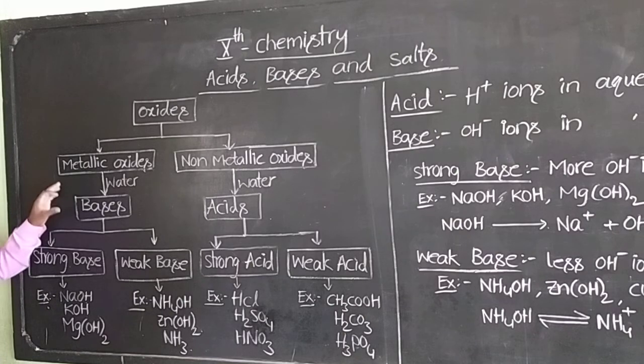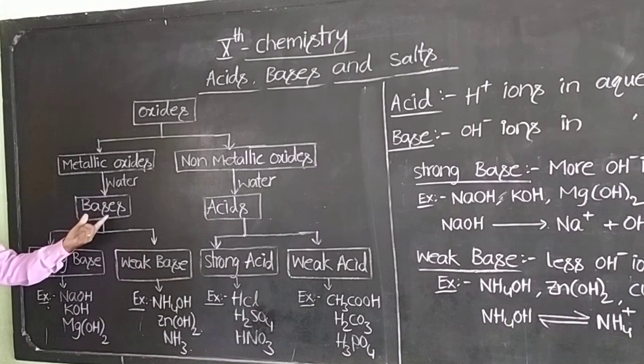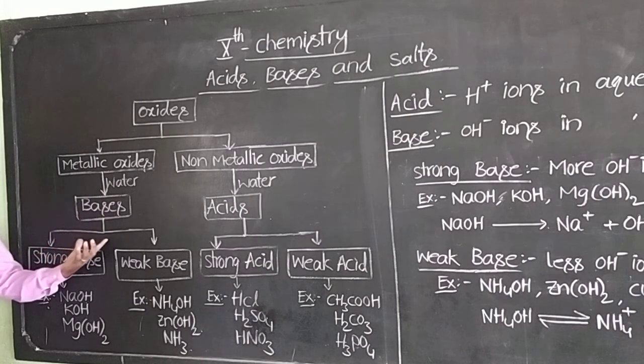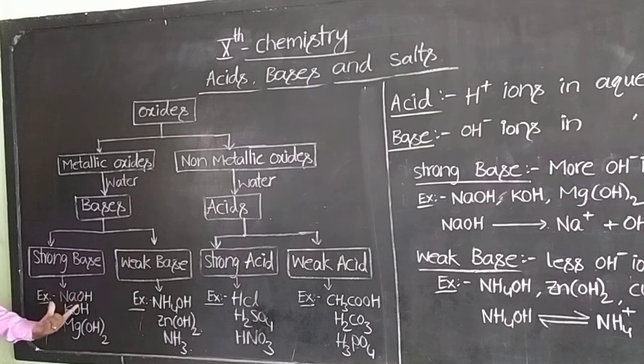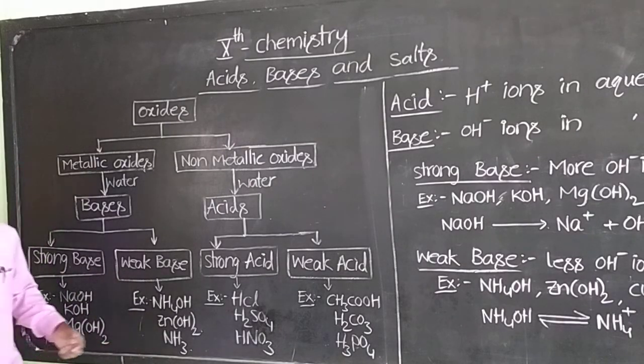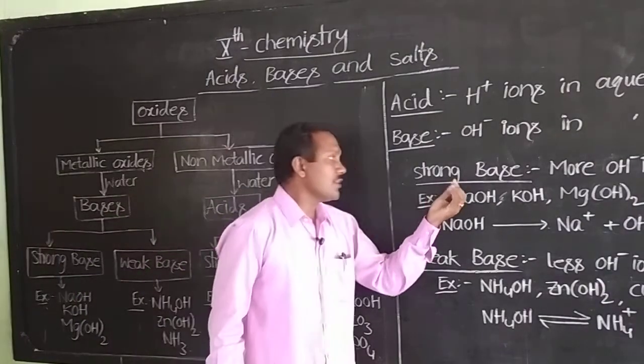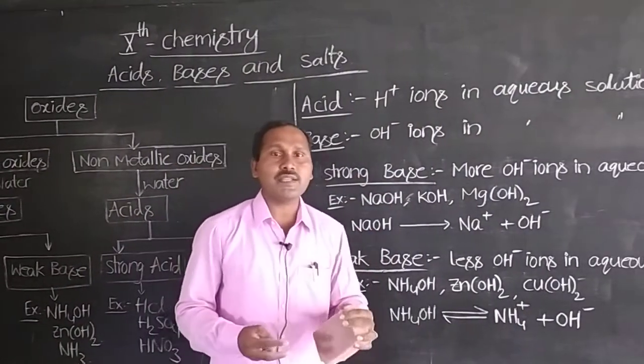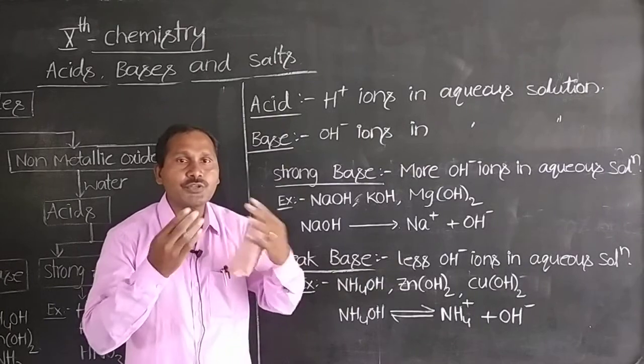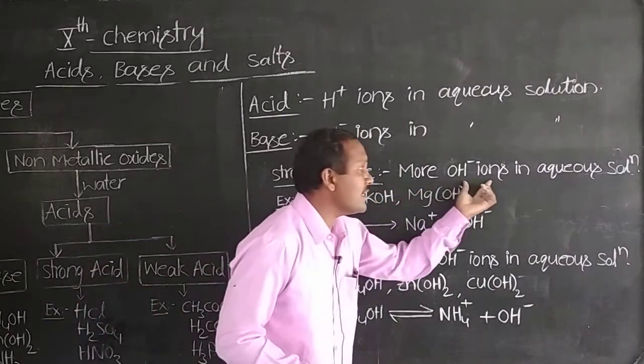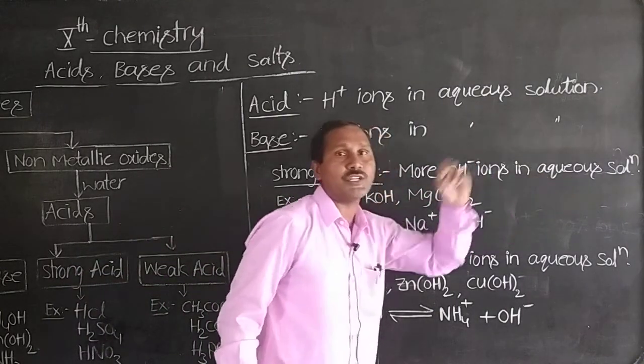Already you know that metallic oxides react with water to form bases. Bases are classified into two types, strong base and weak base. Strong base means the substance which produces more OH minus ions in aqueous solution.